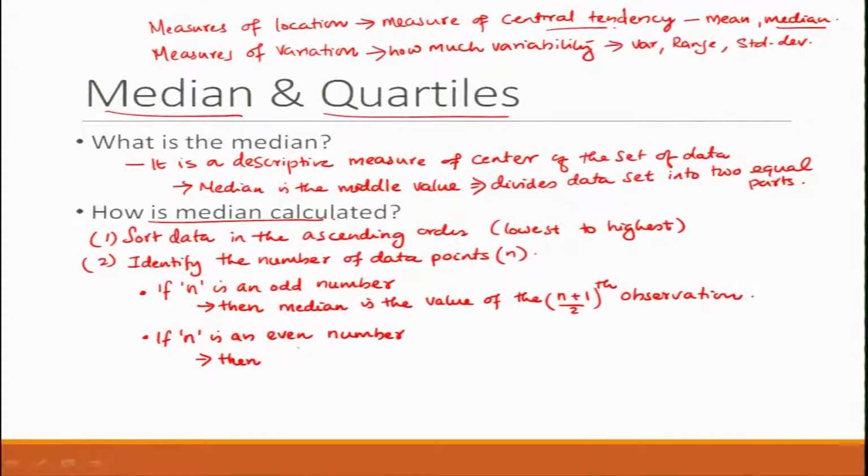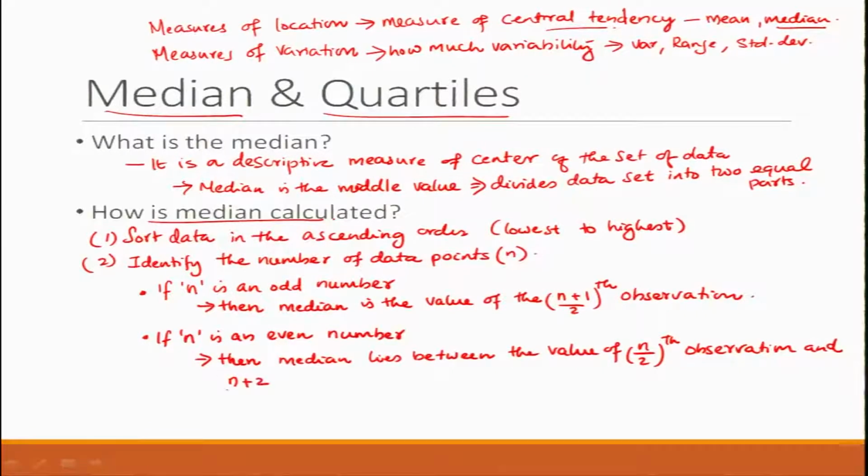Then the median lies between the value of the n by 2th observation and the (n plus 2) by 2th observation.